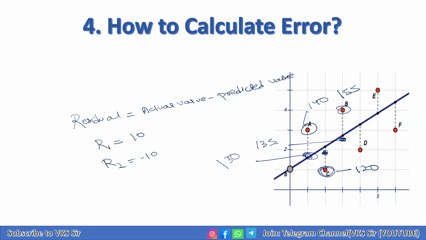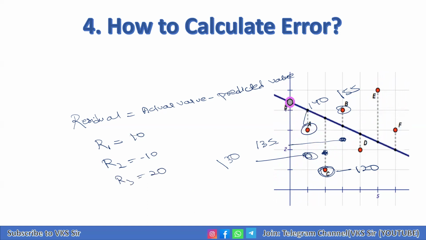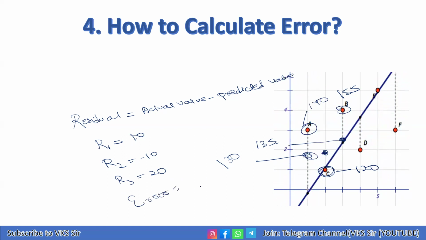The difference, R3, is 20. Likewise, you sum all these residual errors, and then you find out the total error.